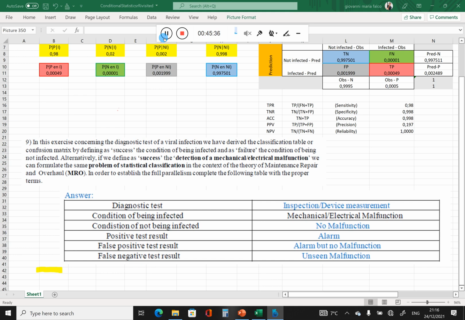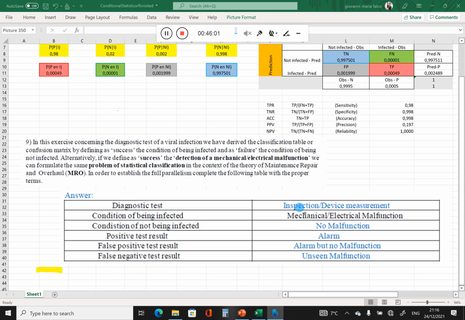This means that the theory I have developed now for the diagnostic test can be developed analogously for MRO, just by changing the definition of the words. For example, the diagnostic test, a PCR test for COVID, in the case of MRO we call inspection.